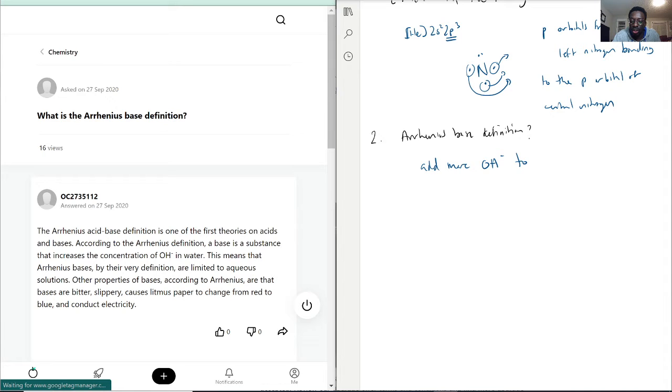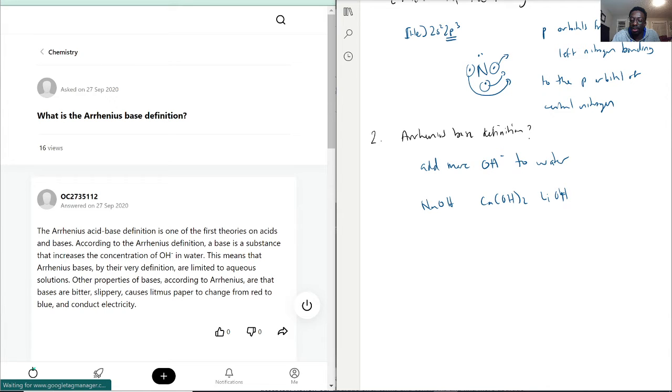So with that being said, when you think of Arrhenius bases, we're thinking of things like NaOH, CaOH2, LiOH. Really just anything that's bonded, like KOH.